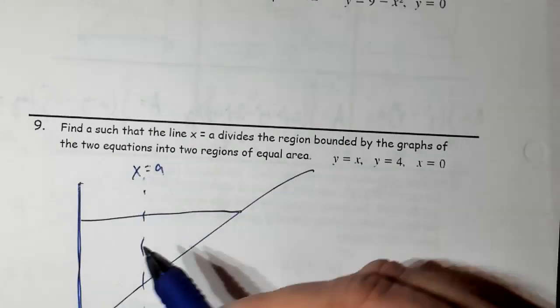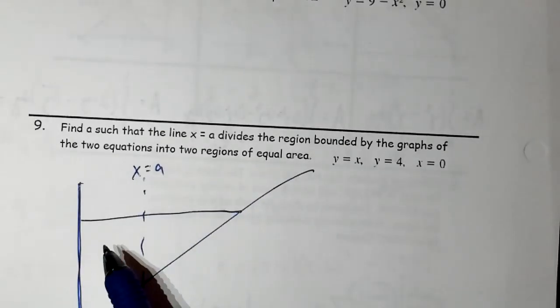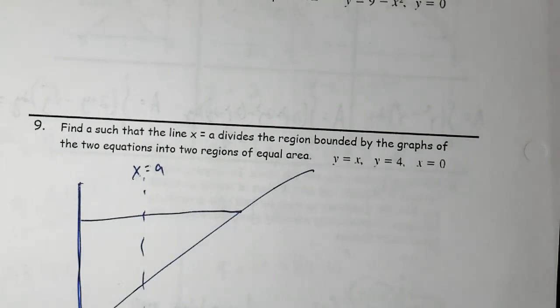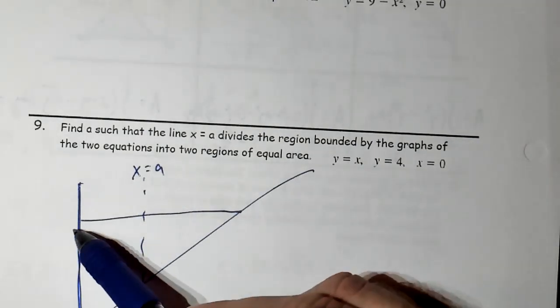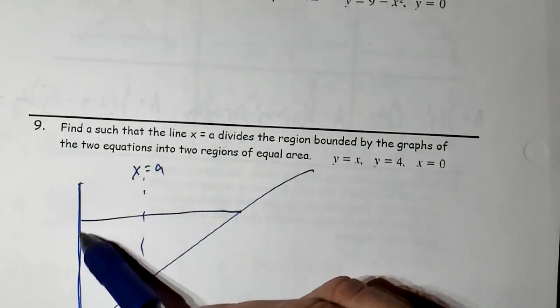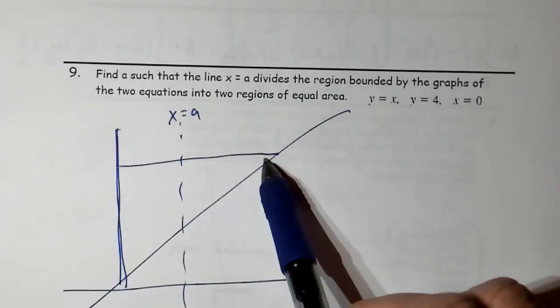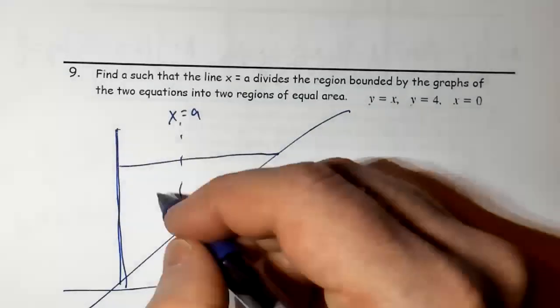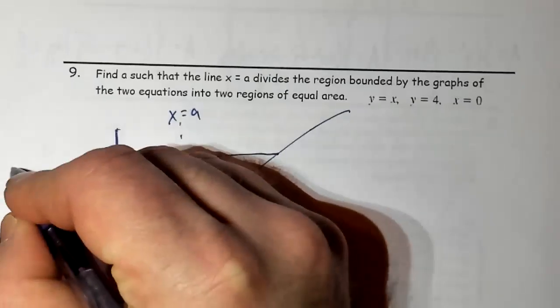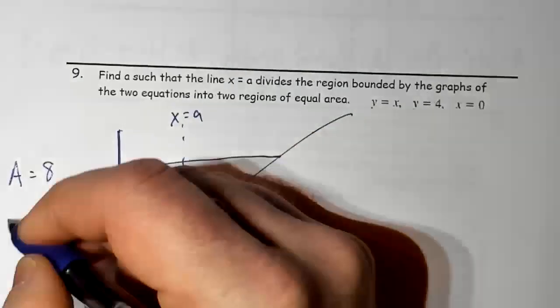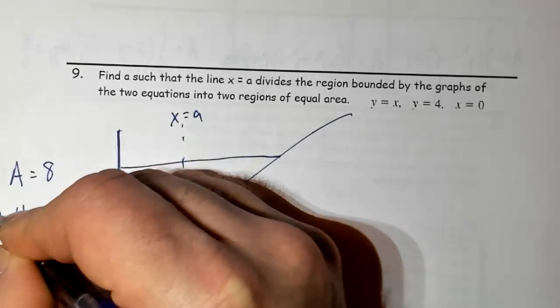All right. So we can say, what is this area? Well, the area here, I'm just going to look at it, is going to be a height of 4, length of 4. So this area is going to be 8. So half of that is going to be 4, I believe.